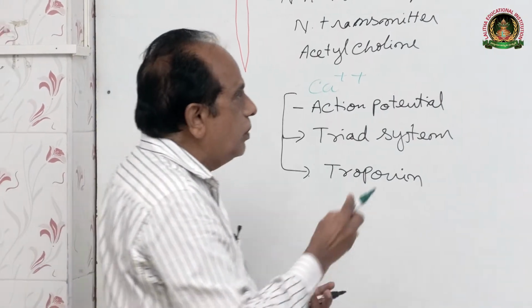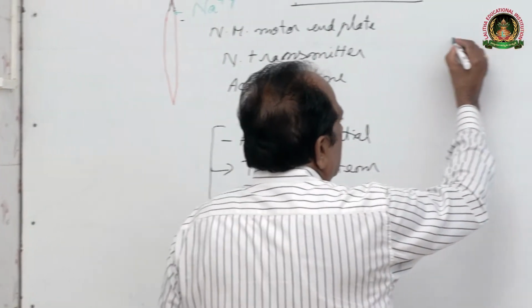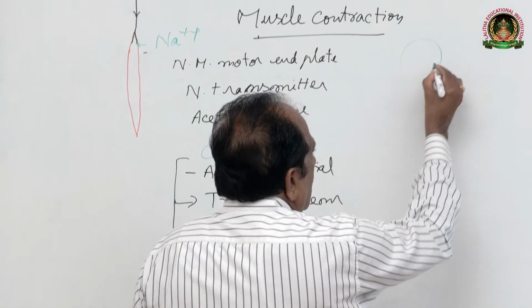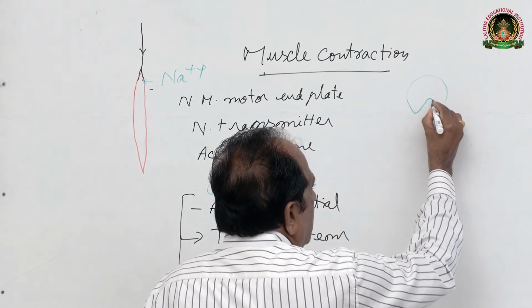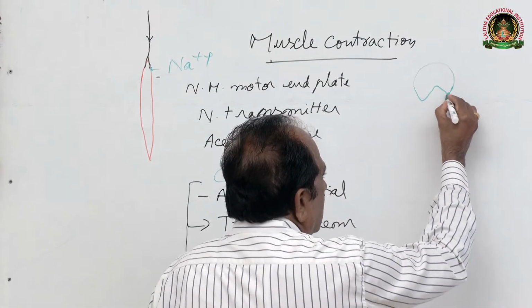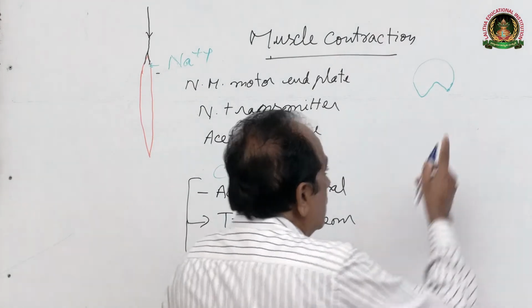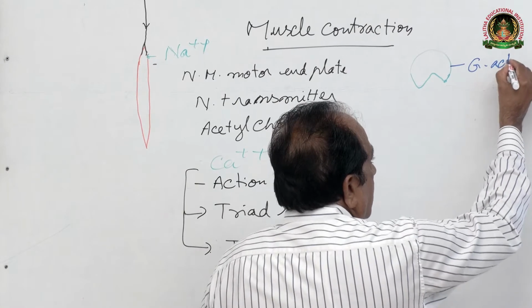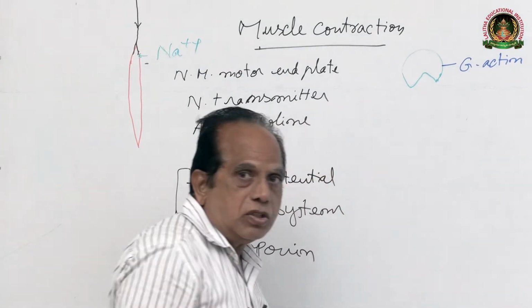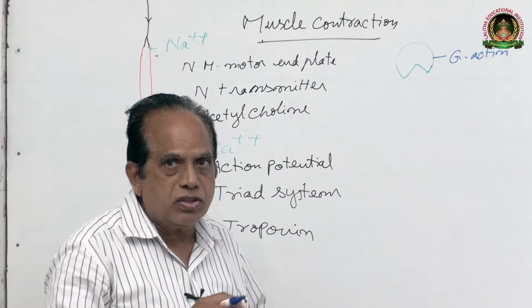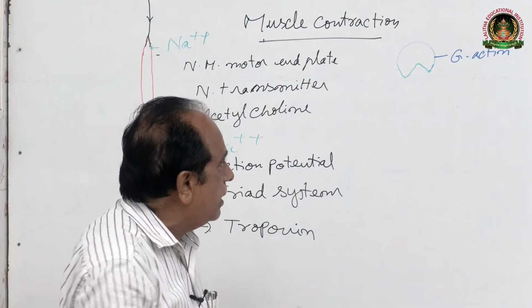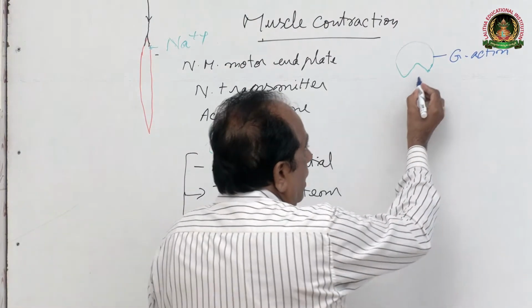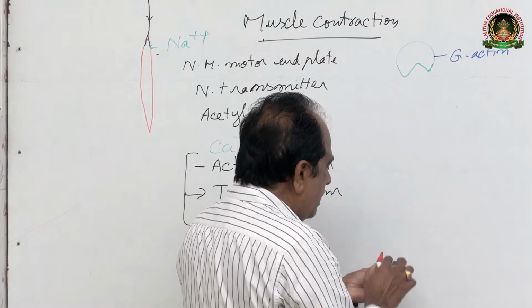So, we know that troponin is associated with the actin. Now, this is the actin protein, globular actin. So, this is G-actin, and two rows of globular actins together form the actin filament. Now, it has an active site.